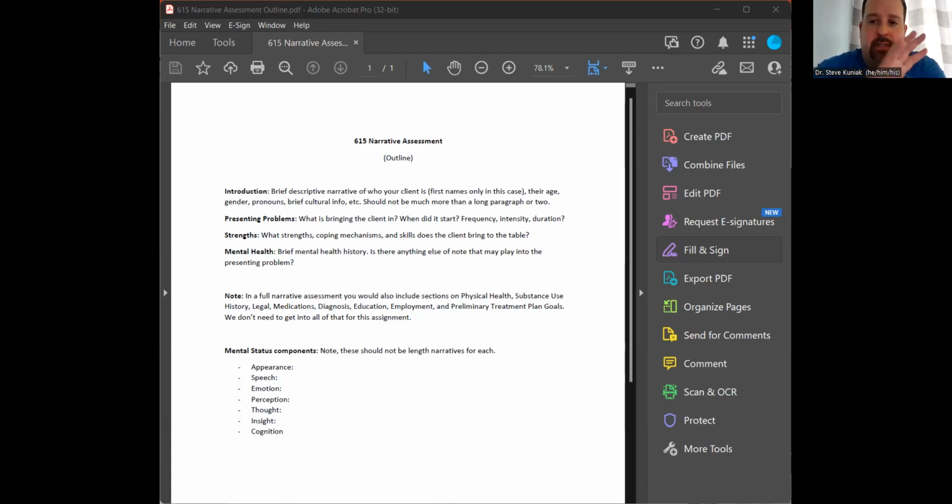It's very common to do the biopsychosocial and get all of this sort of demographic startup information about your client. And then the next document that you write, other than a treatment plan, is a narrative assessment, which is meant to be a short form, written assessment of your client.